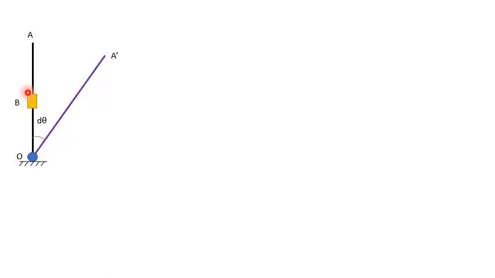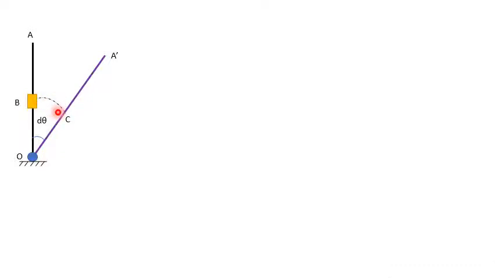When this link OA is rotated by an angle d theta to a new position OA dash in time dt, you can see the dotted line from B to C. The slider moves from B to C due to the rotation of the link, which is the change in position of the slider.